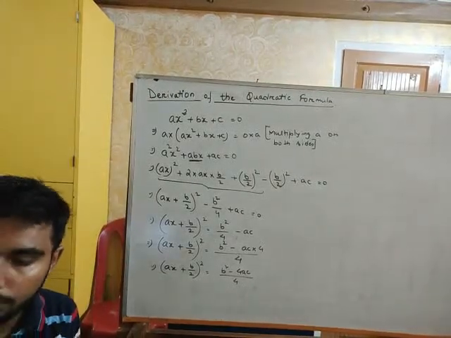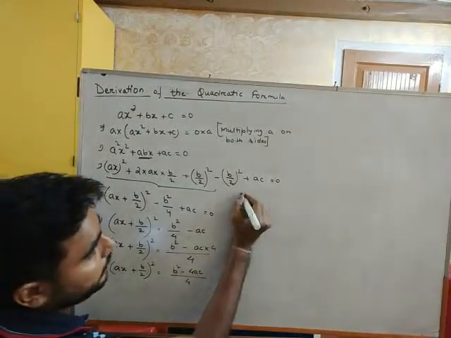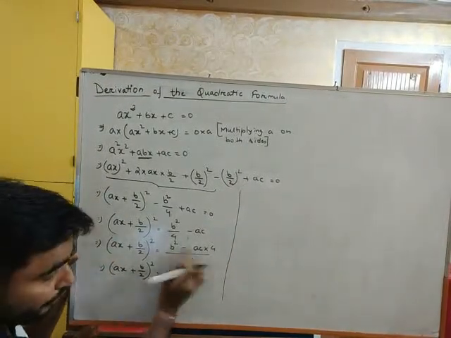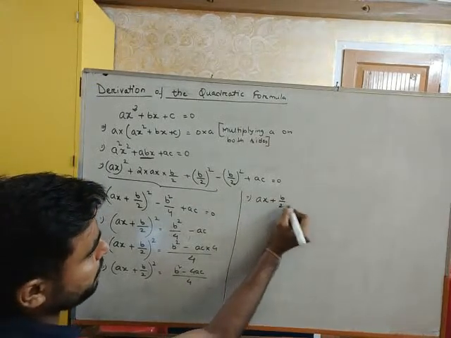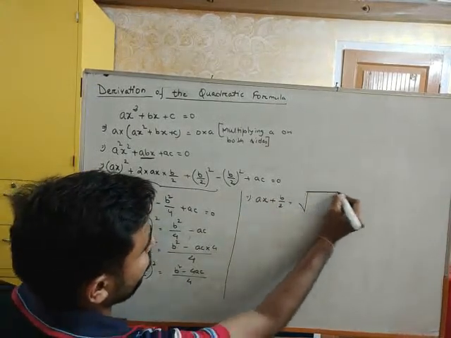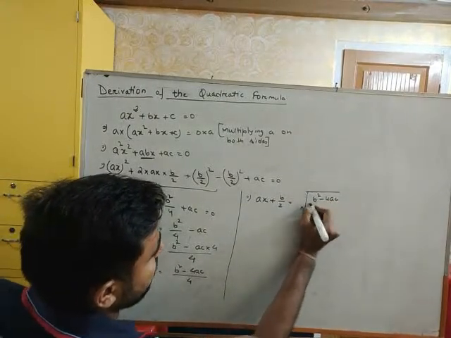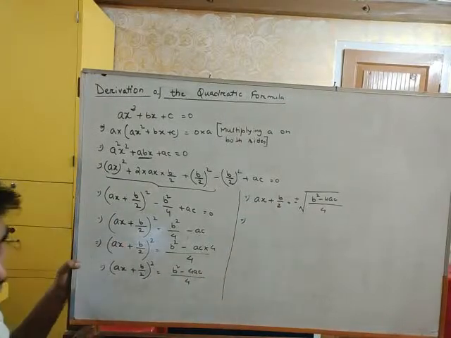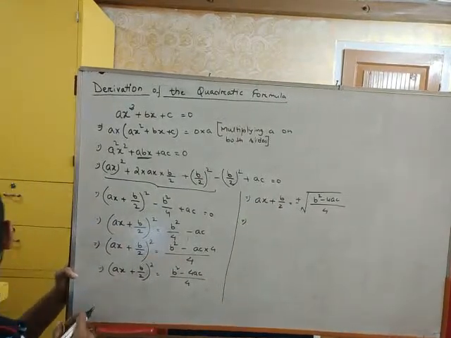So now what can I write is, this is equal to root over this, which implies ax plus b by 2 is equal to plus minus root over b square minus 4ac divided by 4, because whichever value comes can be positive or negative.